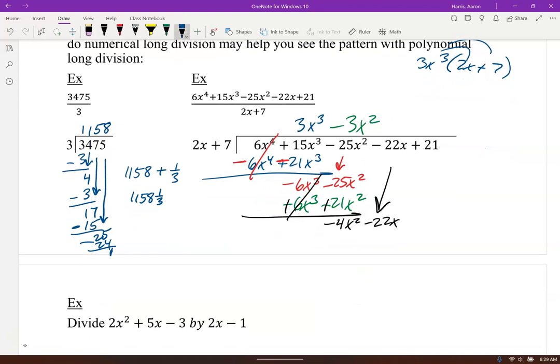And now I'm thinking to myself, okay, what times 2x gives me negative 4x squared? And again, if you're not sure, just go ahead and go to the side and do this. I'm sorry, I totally wrote that wrong.